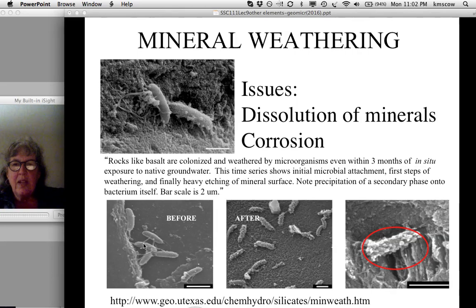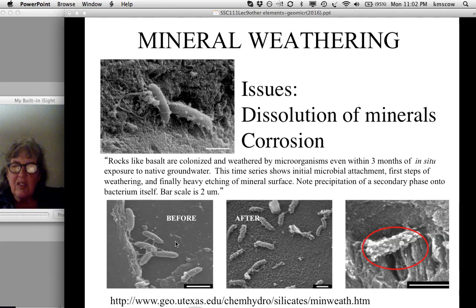So when a new surface, be it basalt or a ship hull, goes into an environment that has some water in it, it could be in soil, it could be in groundwater, it could be in an ocean, you immediately get colonization of the surface by bacteria that often attach by stalks.